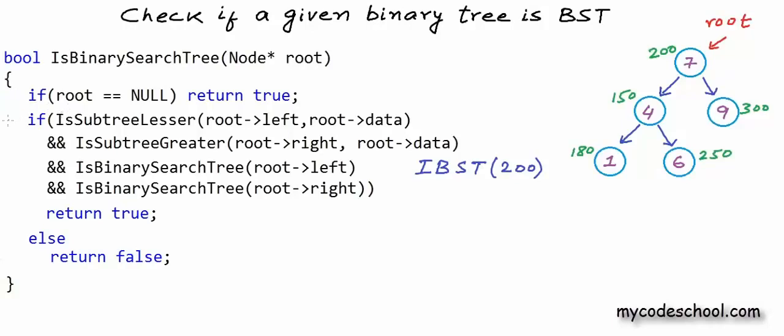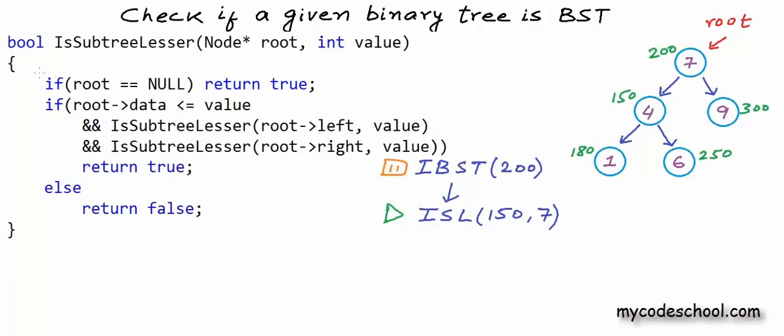We will go to the next if. Now here we will make a call to the isSubtreeLesser function. Arguments passed will be the address of the left child, which is 150, and 7, the data in the node at 200. Execution of the calling function will pause and will resume only after the called function returns.